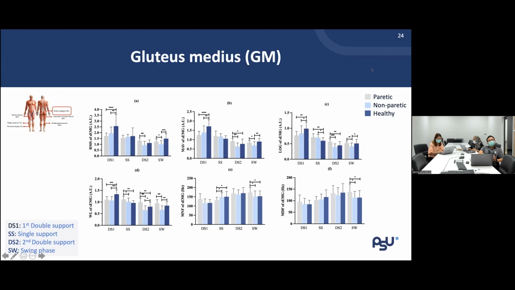So this is the data from the 6 features. Figure A is root mean square, B is mean absolute value, C is log detector, D is waveform length, E is mean frequency, and F is median frequency.